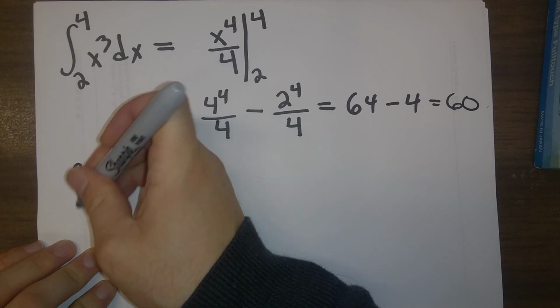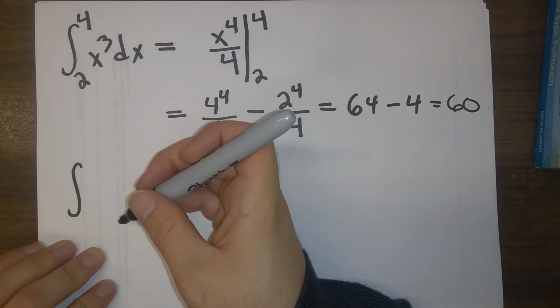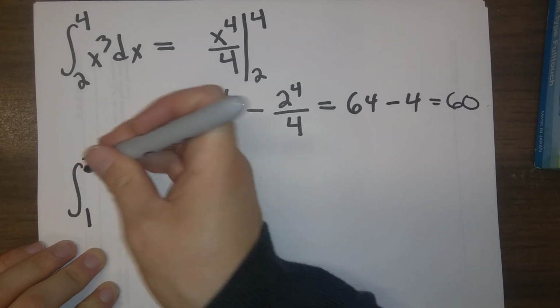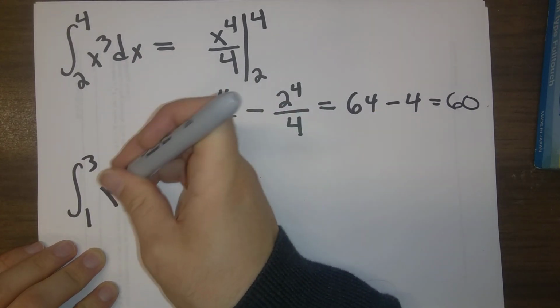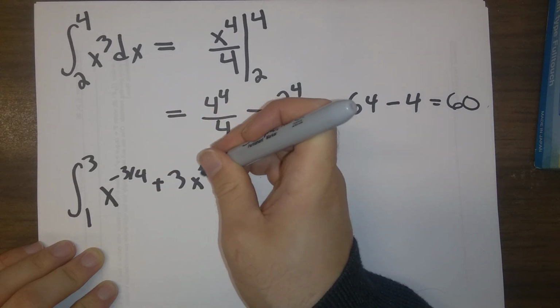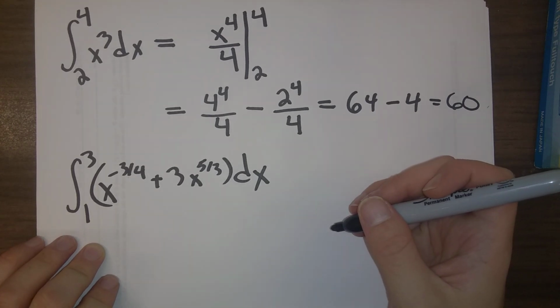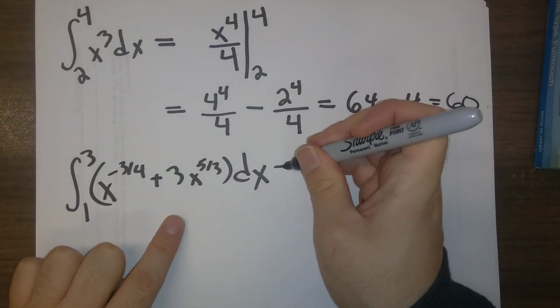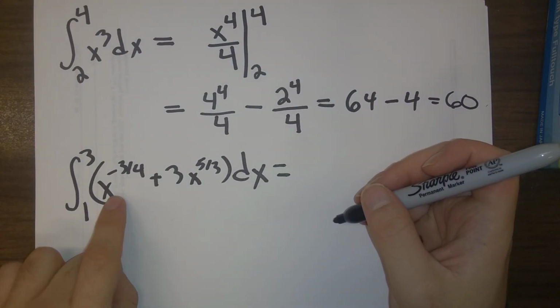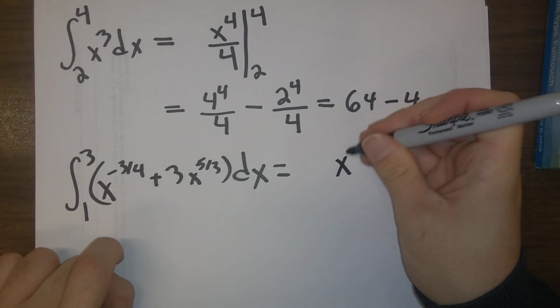Let's do another one. Let's do the definite integral from 1 to 3 of x to the minus 3/4 plus 3x to the 5/3. So we need to find an antiderivative of this. Antiderivative of x to the minus 3/4, add 1 to the exponent.